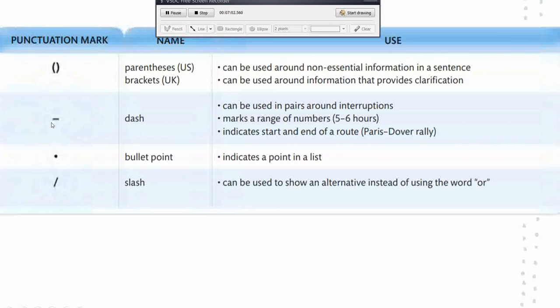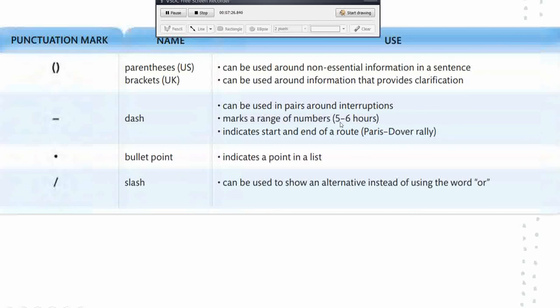Then we have a dash. It is completely different from a hyphen. A dash can be used in pairs around interruptions. That means you place a dash, you write something, and then a dash again. Second is that it marks a range of numbers.